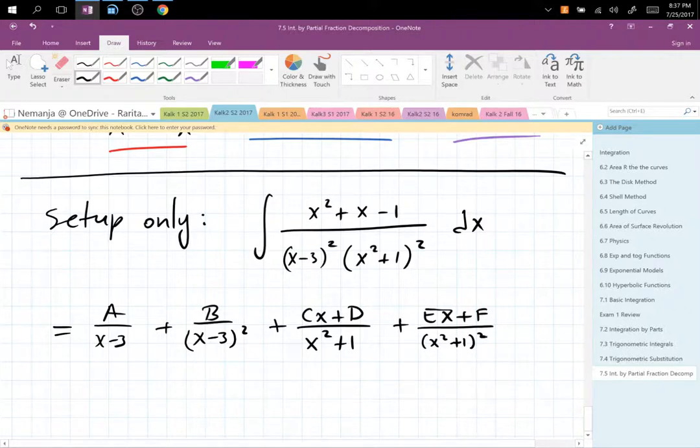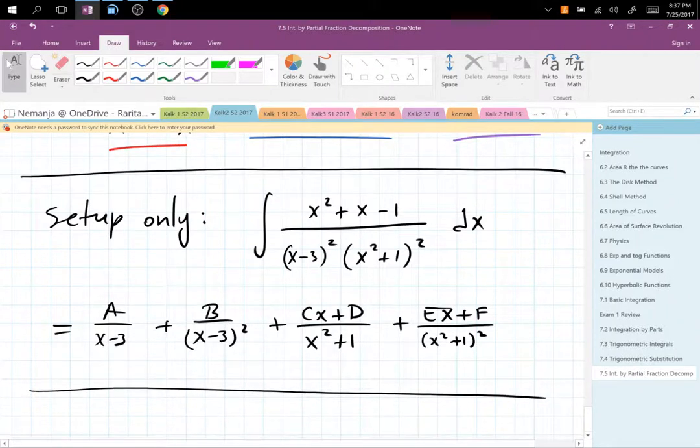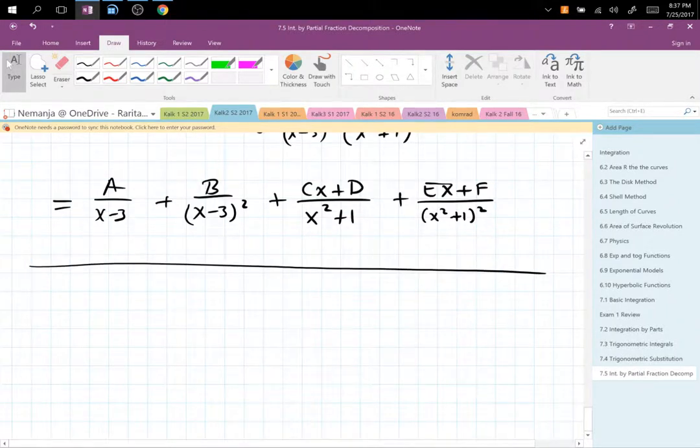Does this make sense? Now, this is the harder version of all the problems that we did earlier, right? We're not solving these because it's way too much. Let's see the easier case.